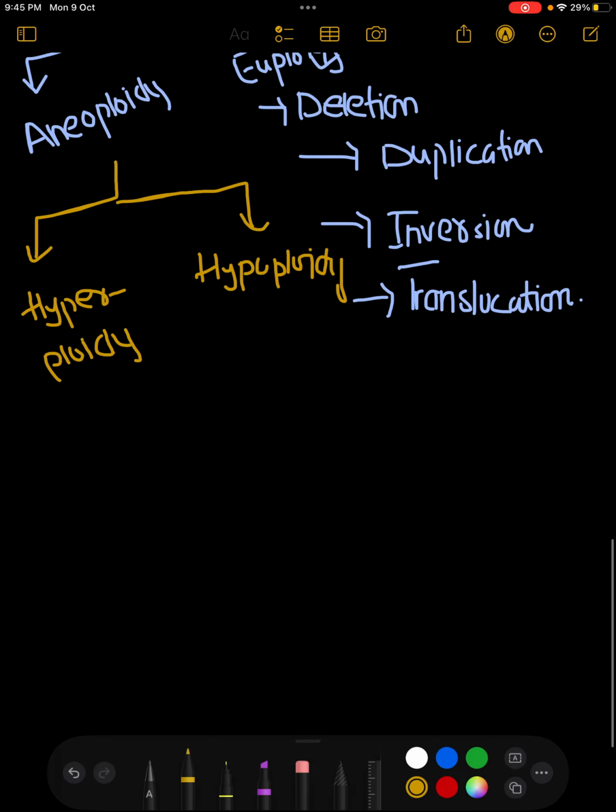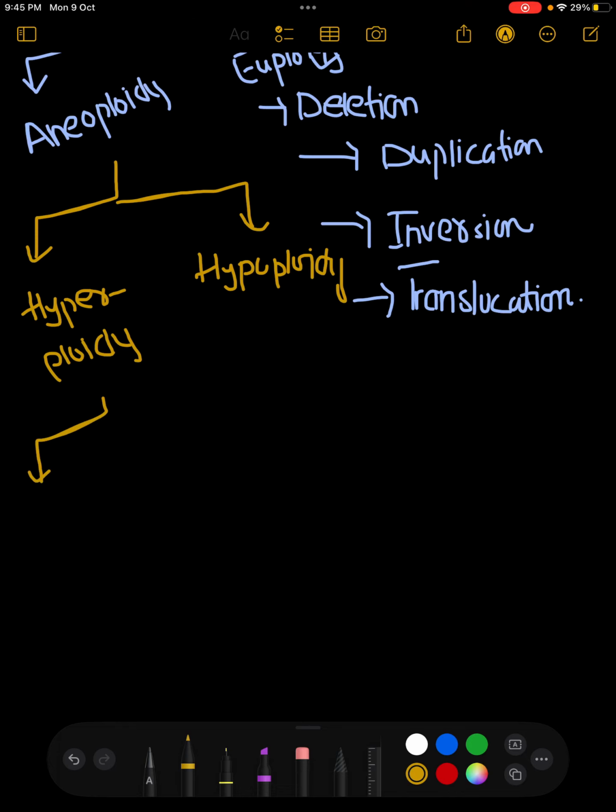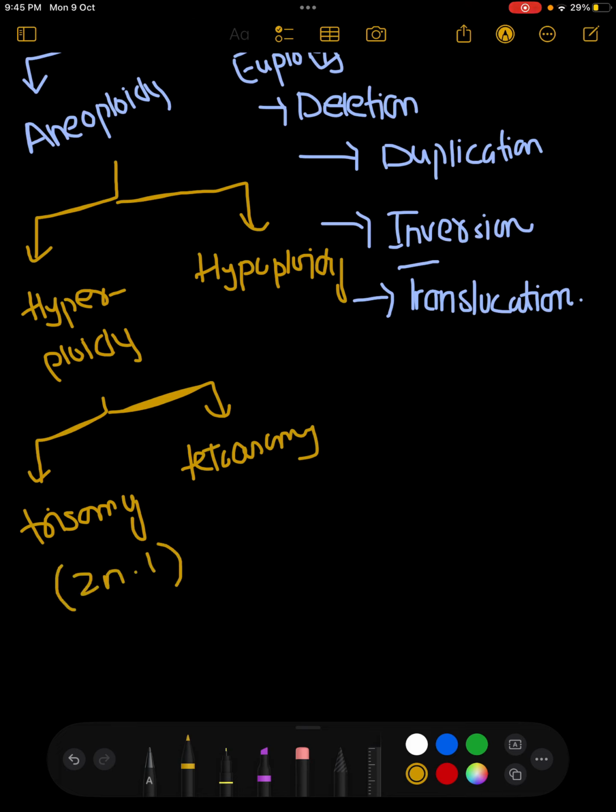This hyperploidy is further divided into trisomy and tetrasomy. Trisomy means 2n plus 1, tetrasomy means 2n plus 2.